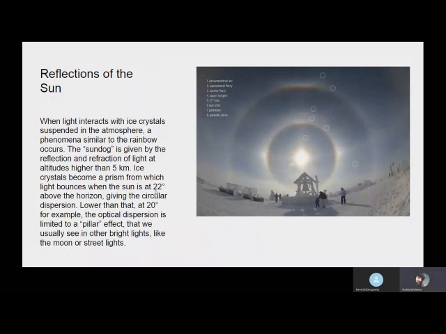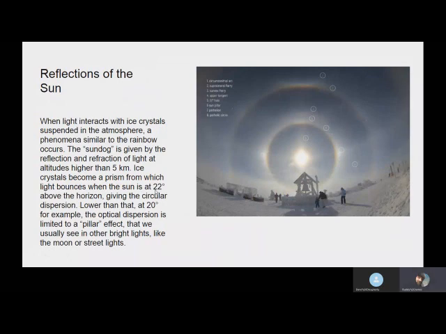Reflections of the sun. When light interacts with ice crystals suspended in the atmosphere, a phenomenon similar to the rainbow occurs. The sundog is given by the reflection and refraction of light at altitudes higher than 5 kilometers. Ice crystals become a prism from which light bounces when the sun is at 22 degrees above the horizon, giving the circular dispersion lower than that at 20 degrees.